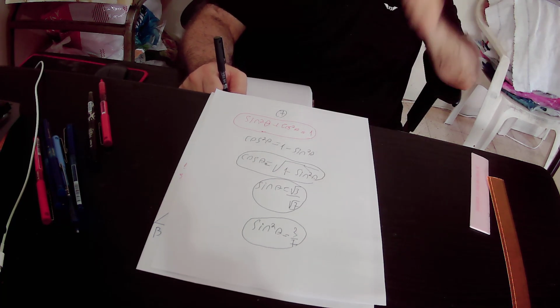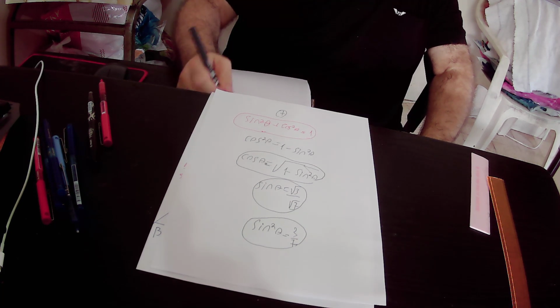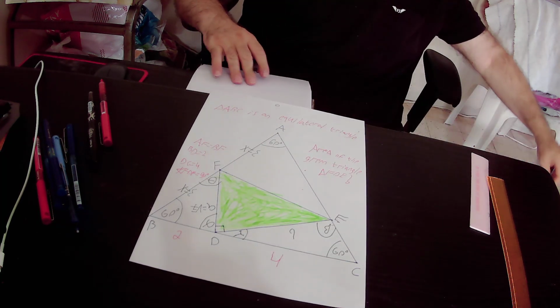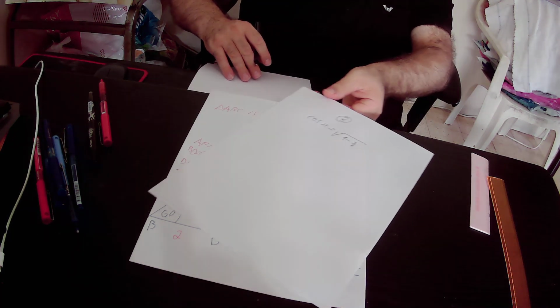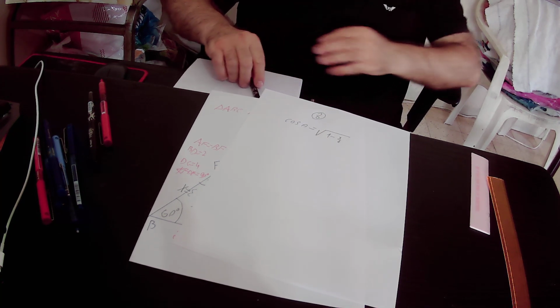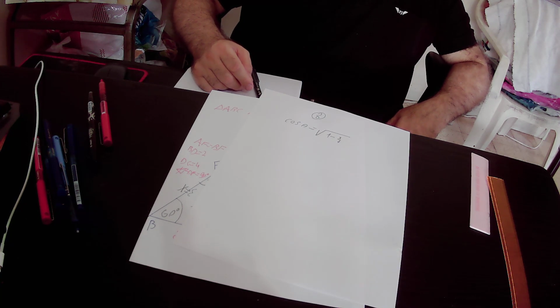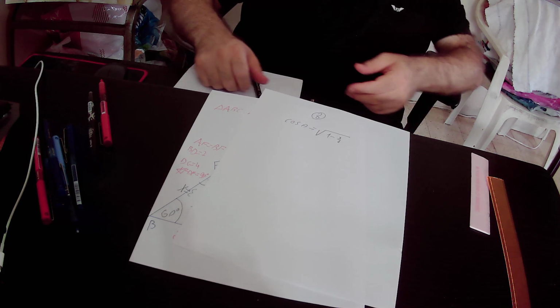So cosine theta equals the root of 1 minus 3 over 7. 1 minus 3 over 7 equals 4 over 7.